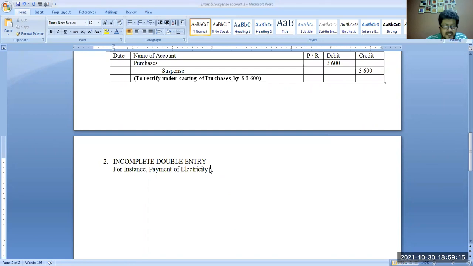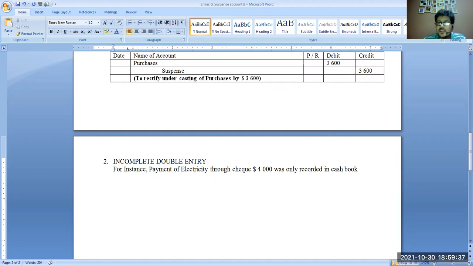payment of electricity through bank, through check, $4,000 was only recorded in cash.